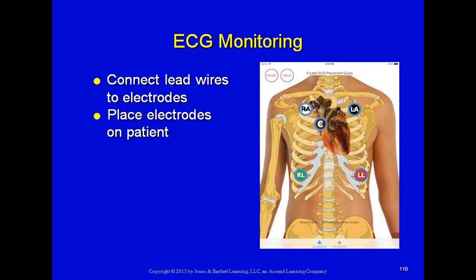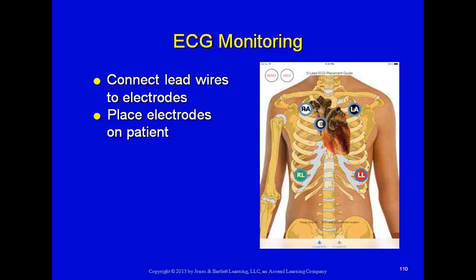Then a red electrode goes down around the 8th intercostal space, often mid-axillary line, and a green electrode goes on the exact same spot on the right side of the patient. And then a chest lead, which is usually brown, goes just to the right of the sternum in the 3rd intercostal space. And that's your standard 5-lead placement.